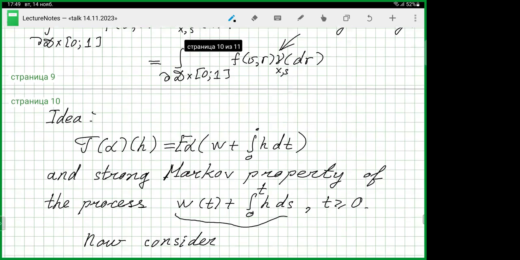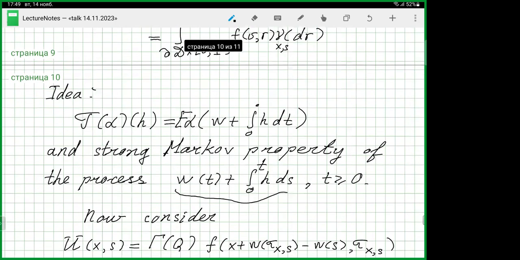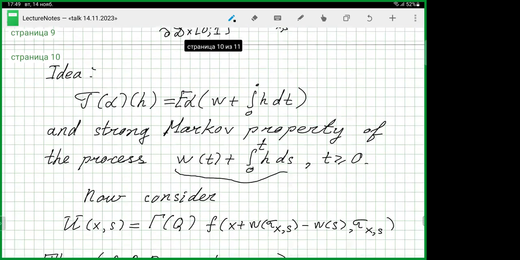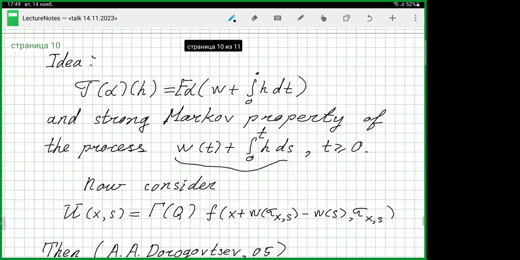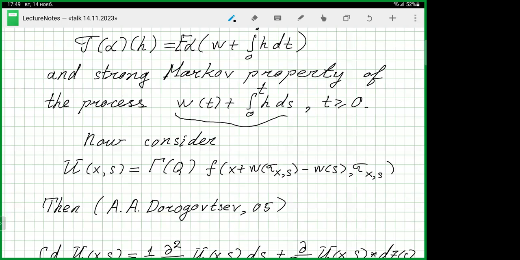Now let us consider such an expression. Here we use the usual approach when we want to calculate some probabilities related to the hitting times of the Wiener process. Let us include this probability in a much more general family where we introduce the dependence on the starting point and starting time, x and s.